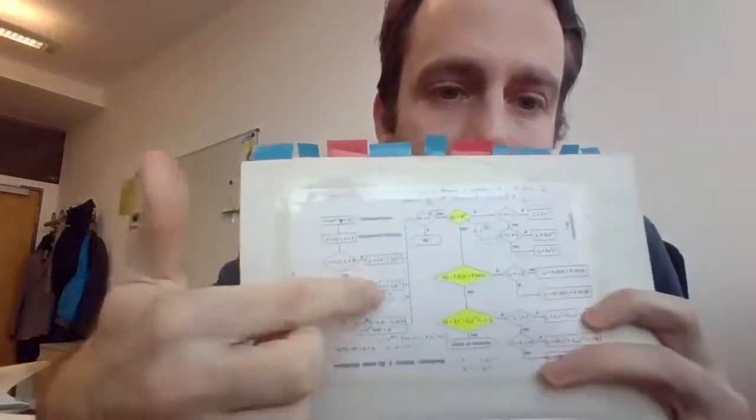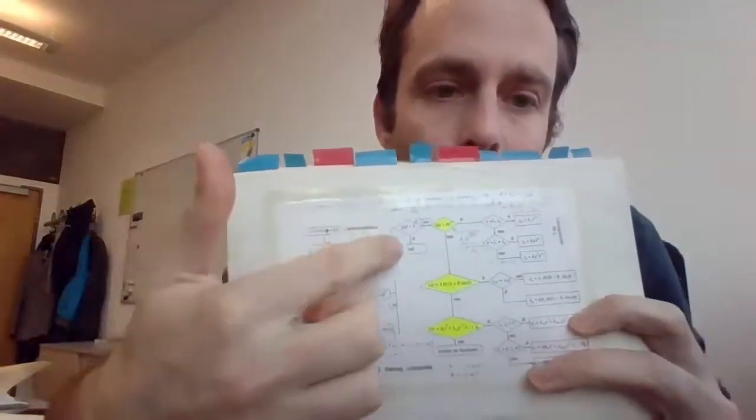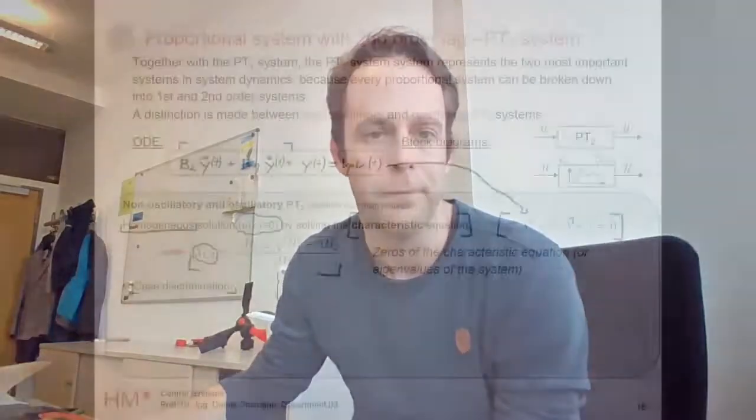So I have my mathematical formula collection, and on the last page, I think there is how you solve ODEs, right? You don't have to read this, but this whole tree basically makes a case discrimination for a second order system. We are not going to go into how you solve it. I will just show you the solutions, as you also find them in your formula collection.